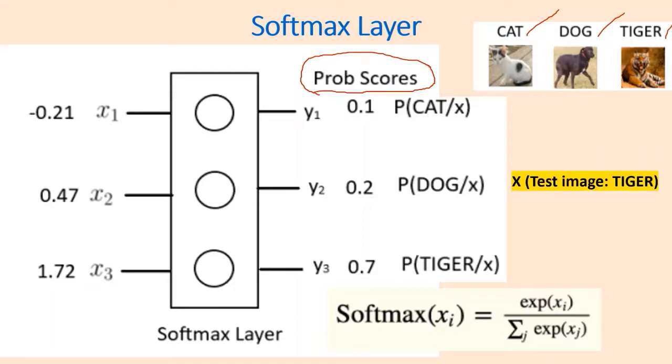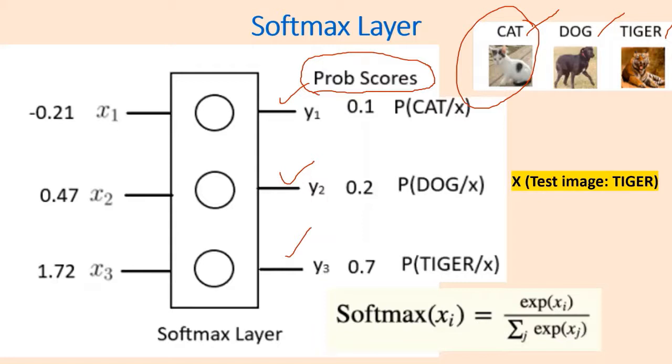That means you need to classify between 3 classes, cat versus dog versus tiger. In that case, the softmax layer should have 3 different outputs, each output corresponding to each of the image classes. For example, if the input image is a cat, then the probability score for cat will be higher.